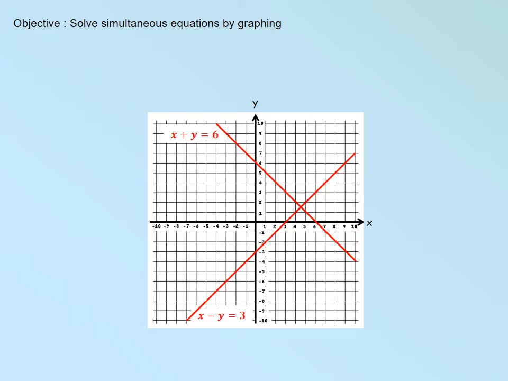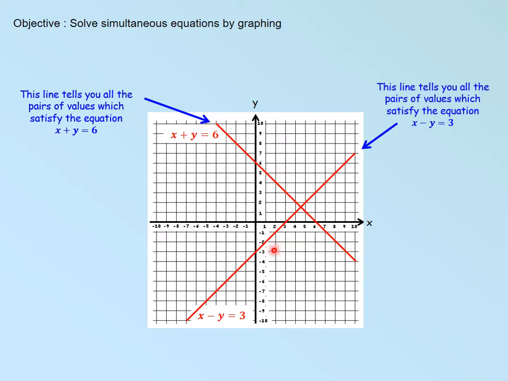Some more examples. Here, I'm showing you two lines that are graphed. The first line is x plus y equals 6. The second one, x minus y equals 3. Any point on this line satisfies the equation x plus y equals 6. This line tells you all the pairs of values which satisfy the equation x minus y equals 3.